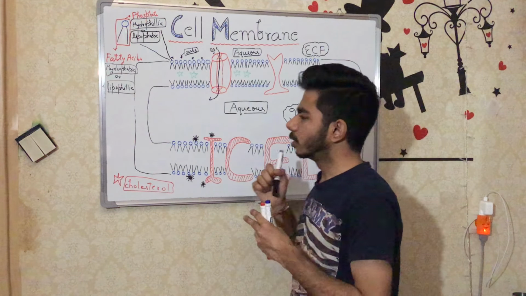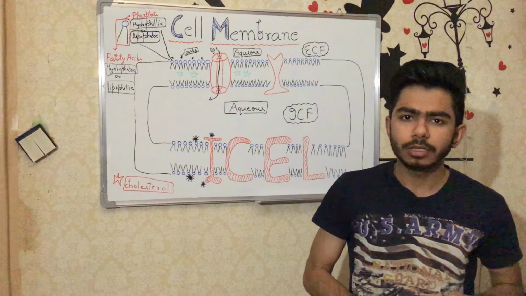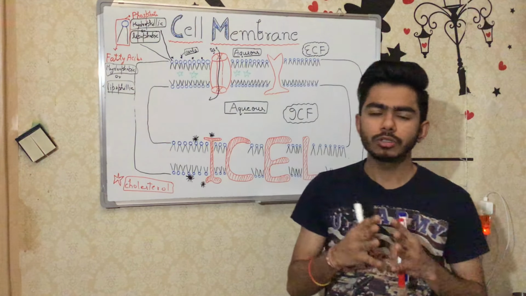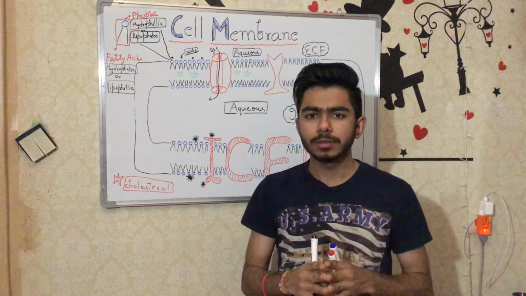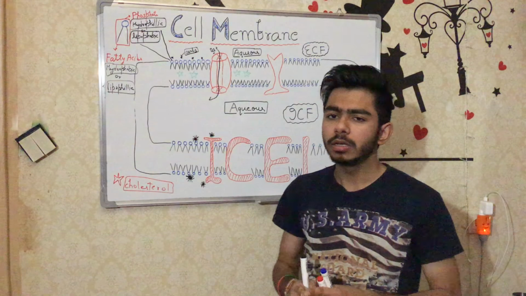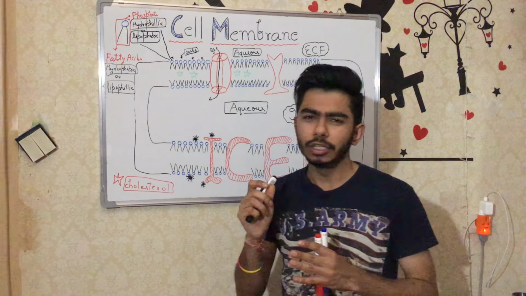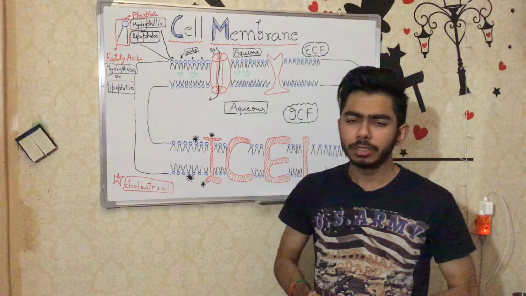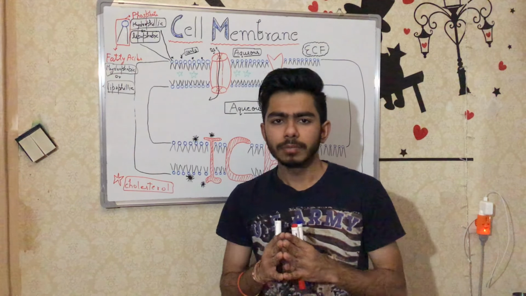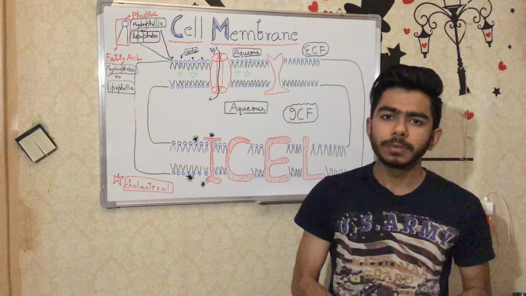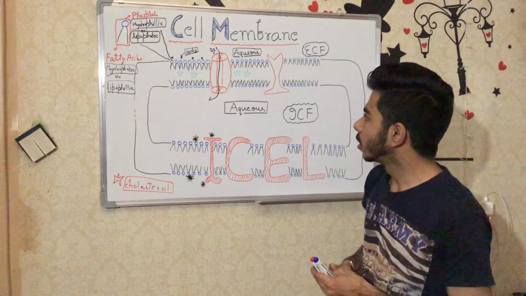Now we have talked about the phospholipid structures. Let me repeat, the cell membrane consists mainly of two parts, that is phospholipids and the associated proteins. Also they are made up, in smaller portions, of carbohydrates, cholesterol, and some other lipids, but the two major constituents of the cell membrane are the associated proteins and the phospholipids.